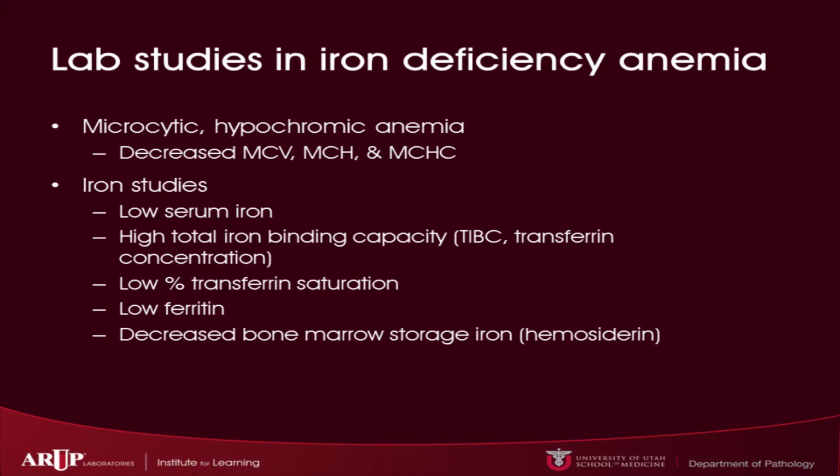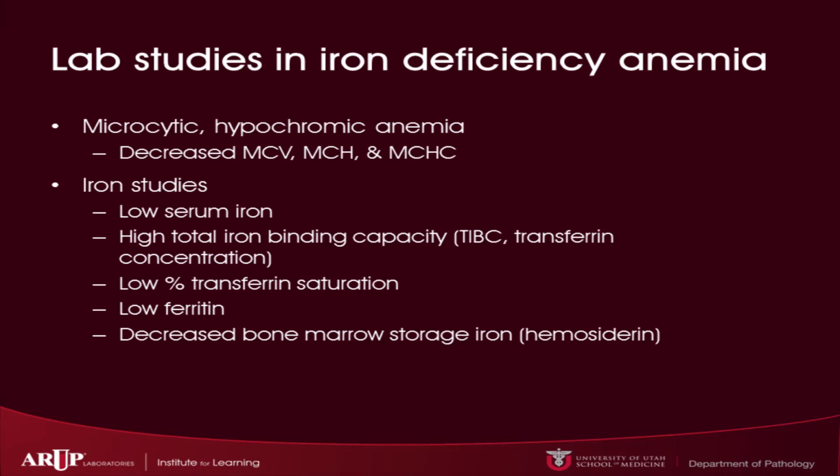So if we see a patient with low serum iron, the most common differential which should come to anyone's mind is iron deficiency anemia and anemia of chronic disorder. However, based on some other parameters, we can narrow down our differential.